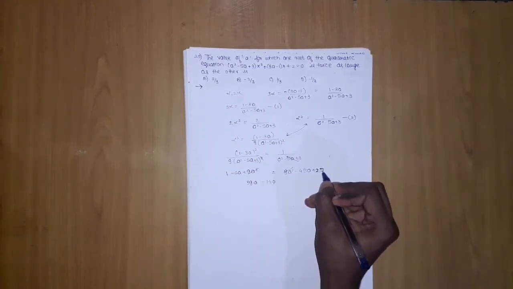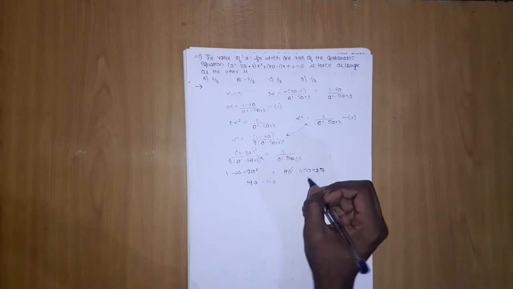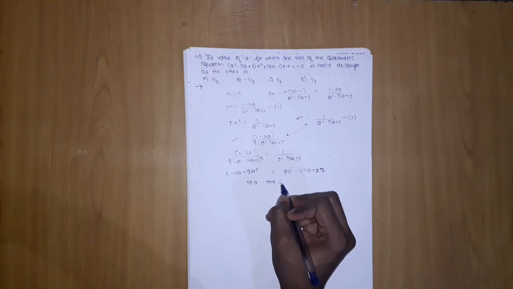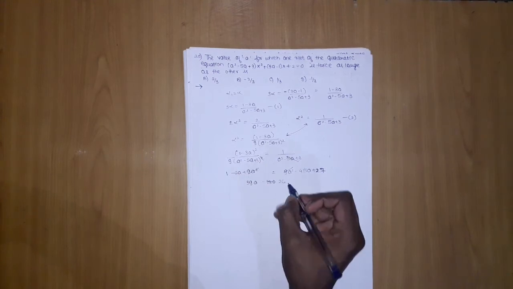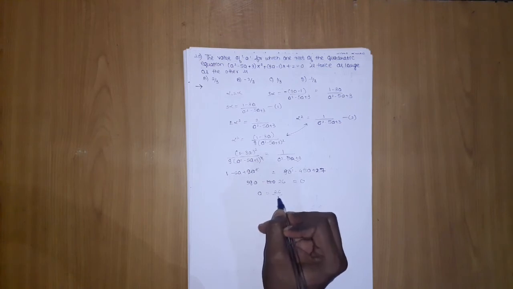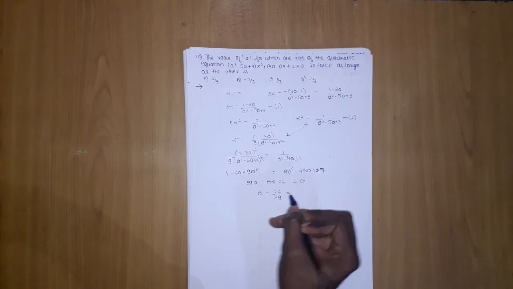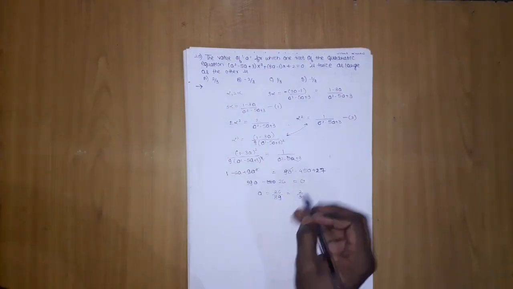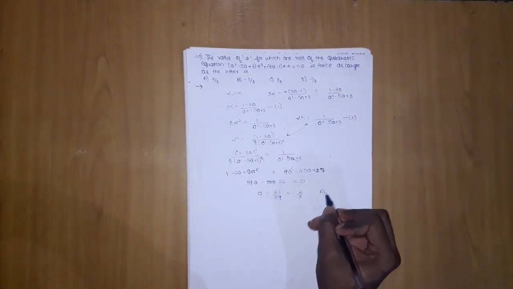Okay, and then when it will move on here, it will become 26, equal to 0. Now a will be 26 upon 39, which will be 2 by 3. Okay, so a is the answer.